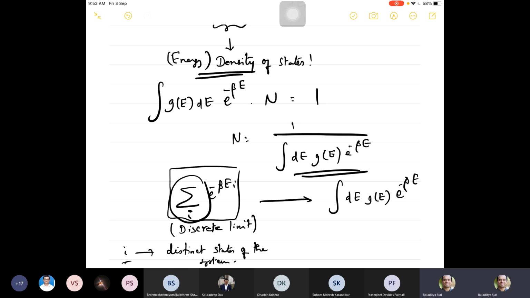When you convert the summation into an integration, it should not be done merely as integral dE. You cannot just go to integral dE. Instead, you should include this density of states. It's a natural consequence of going from a summation to an integration. Is this point clear to everyone?